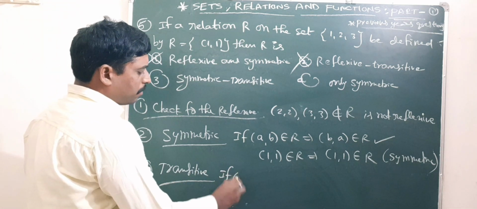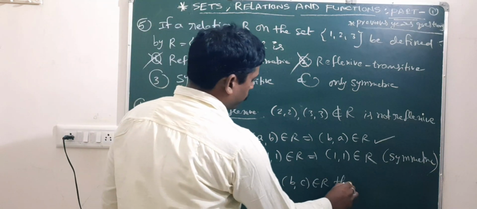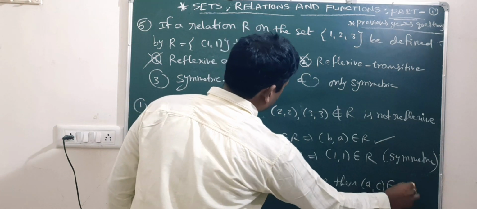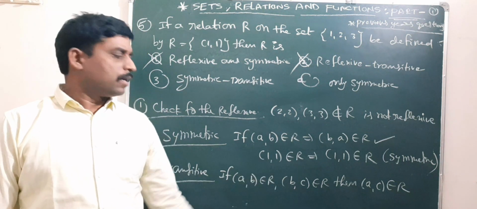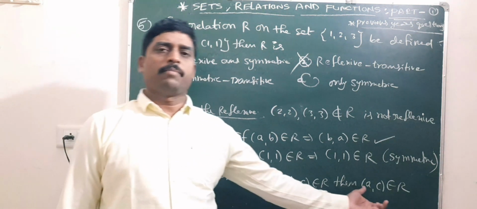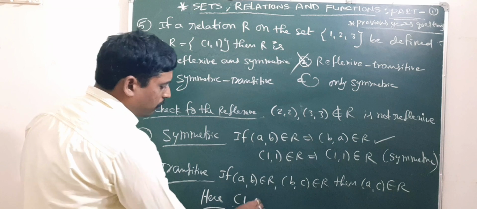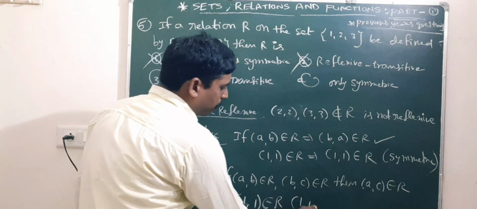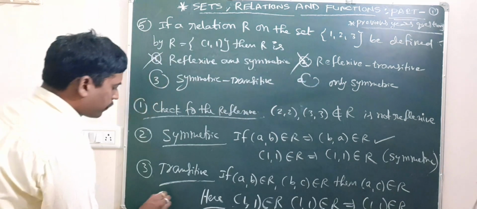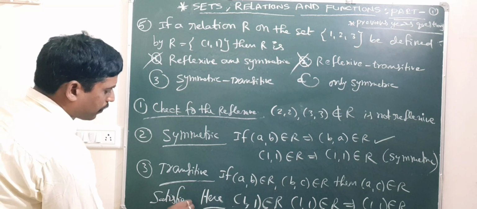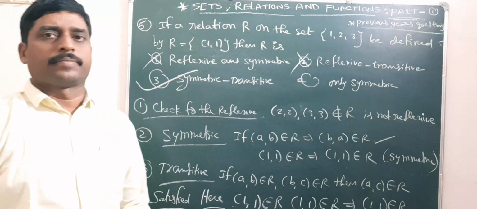If (a, b) belongs to R and (b, c) belongs to R, then (a, c) also belongs to R. In this case, (1, 1) belongs to R and (1, 1) belongs to R, that implies (1, 1) also belongs to R. So transitive is satisfied. Which option is correct? Symmetric and transitive is the correct answer.